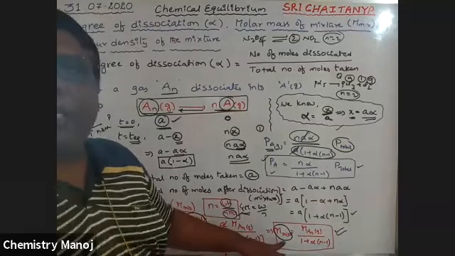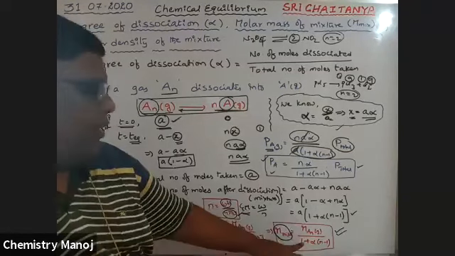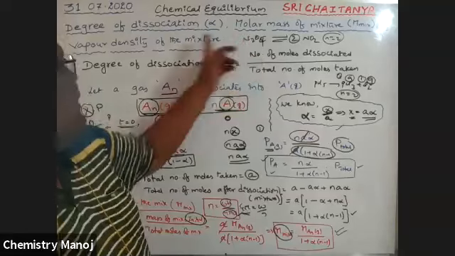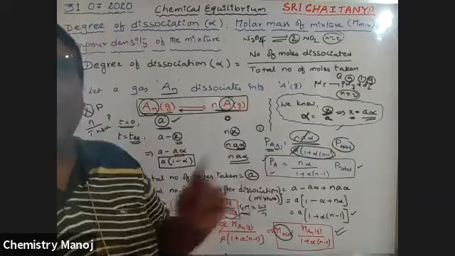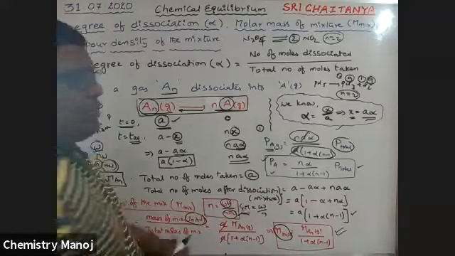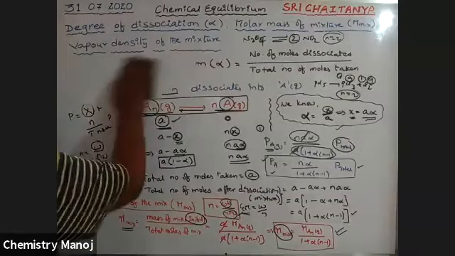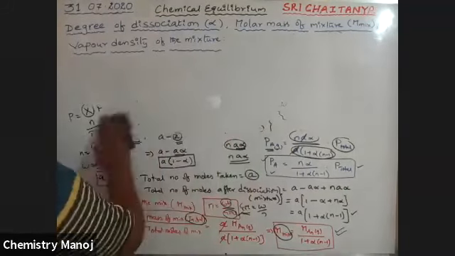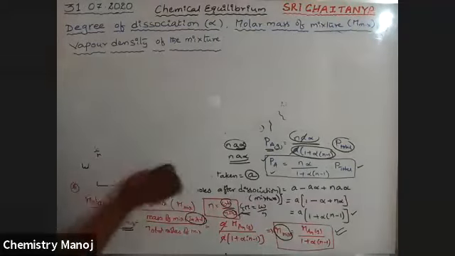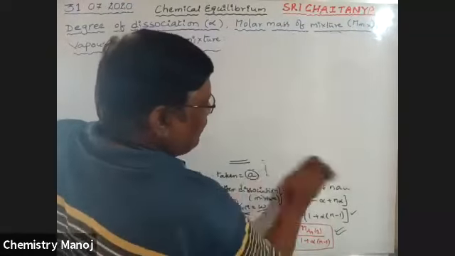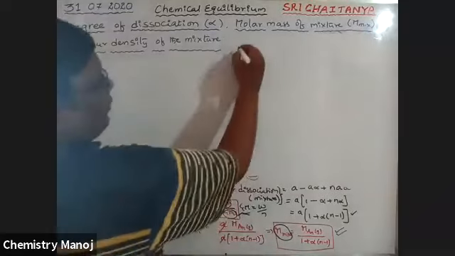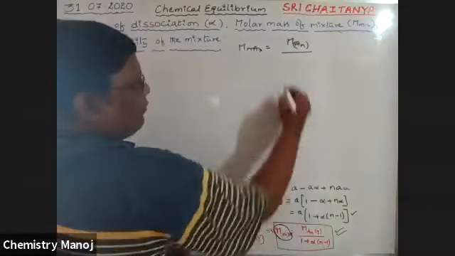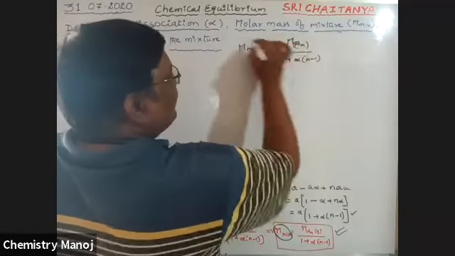The molecular mass of the mixture is equal to the initial molecular mass of the reactant by 1 plus alpha into n minus 1. By using these, I am going to calculate density, in particular the vapor density of the gas. That is the formula we actually require. So please keep this in mind.